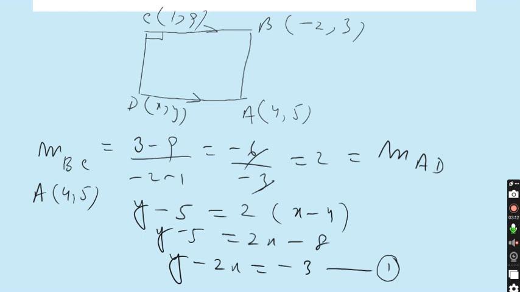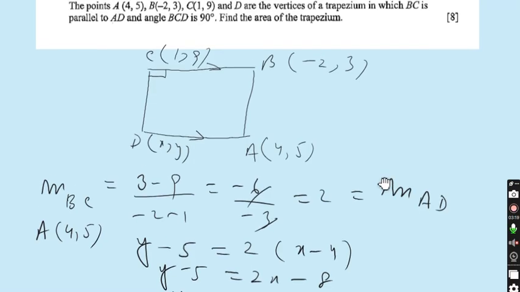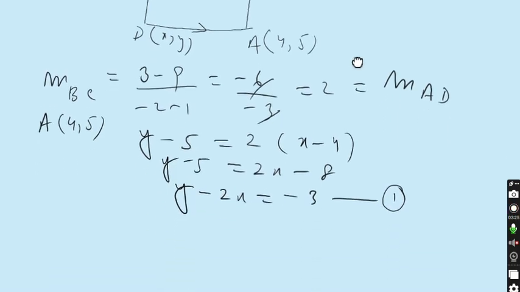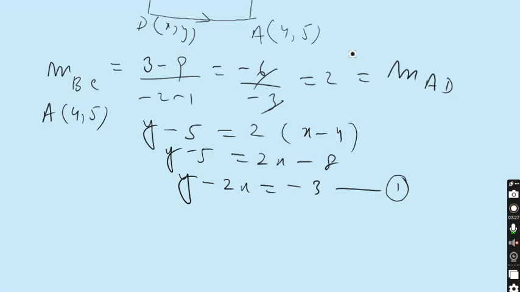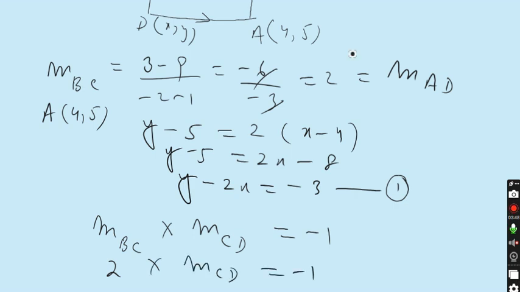Okay students, now we need to find the equation of the line CD. According to the question, angle BCD is 90 degrees. So if two lines are perpendicular, the gradient of BC multiplied by the gradient of CD is always equal to minus 1. The product of their gradients is negative 1. Gradient of BC we have already found, which is 2.